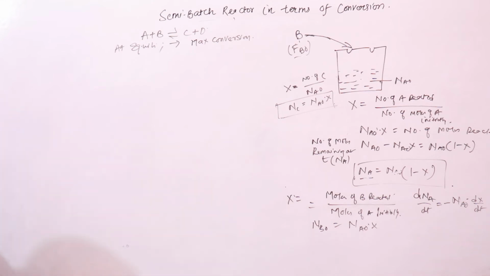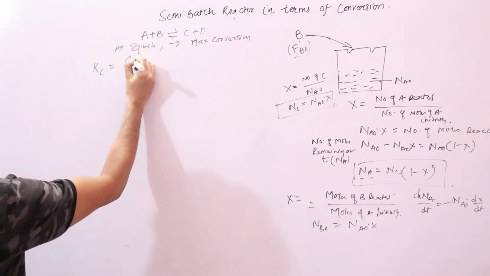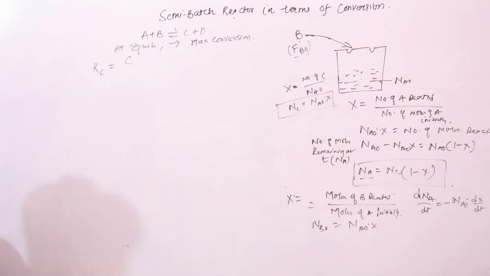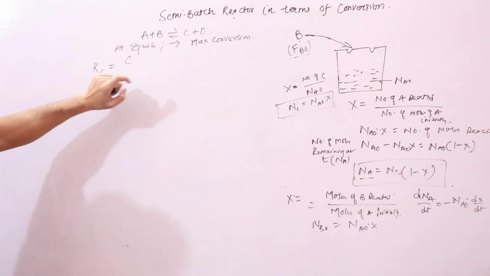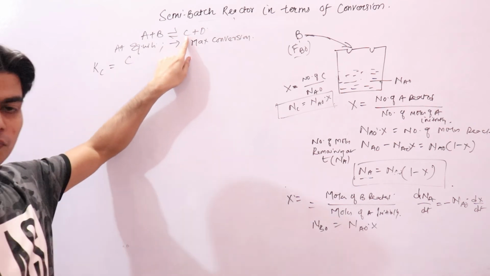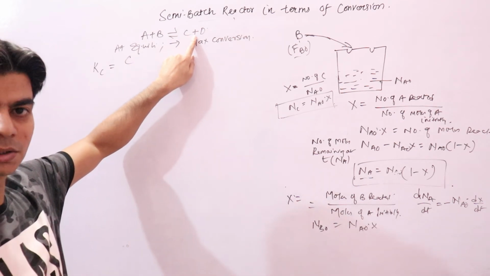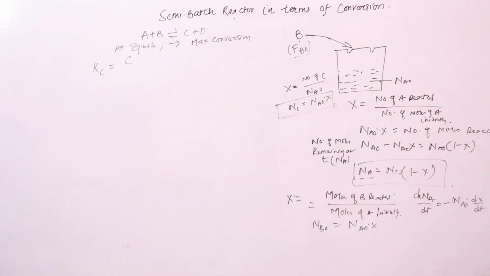Now for this reaction, at equilibrium we have the concentration of products divided by the concentration of reactants, or the product of concentrations of products divided by the product of concentrations of reactants.